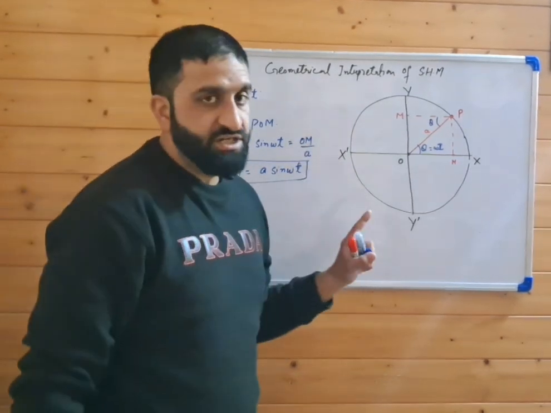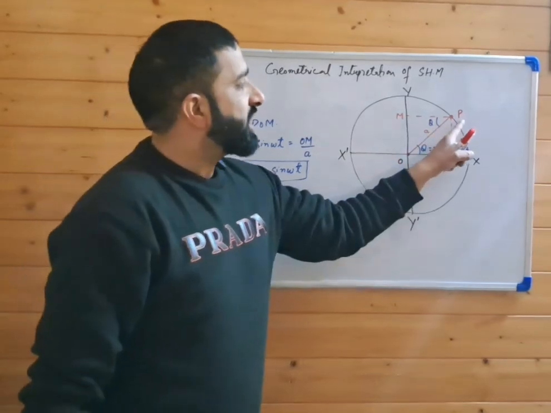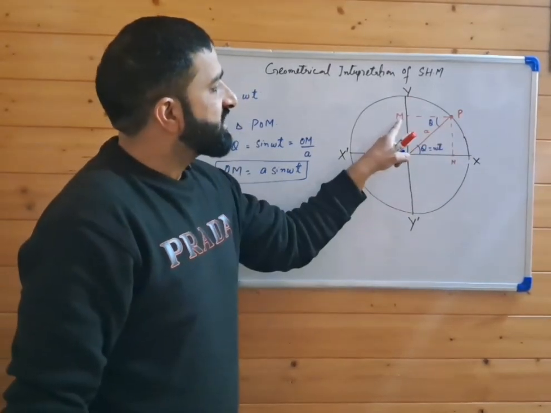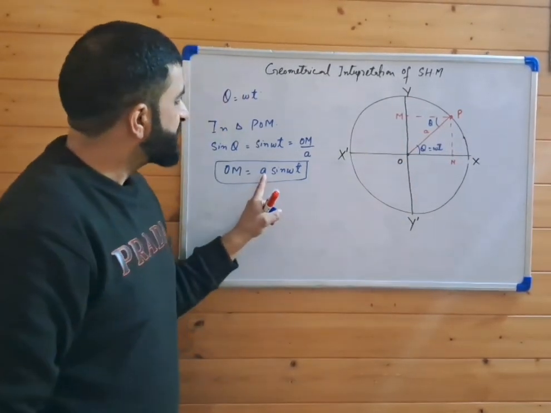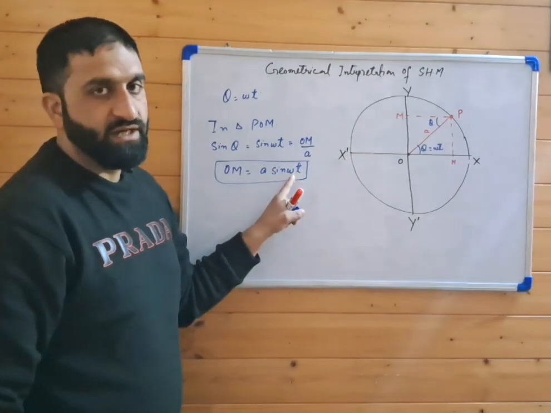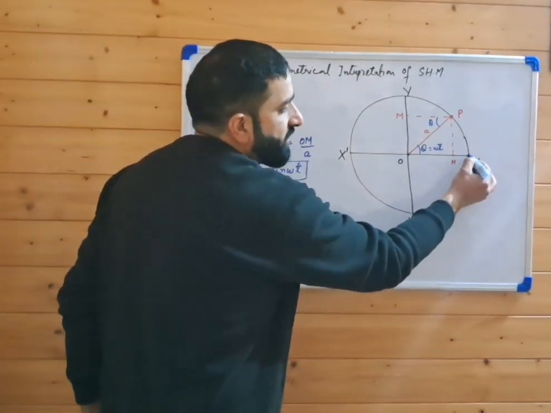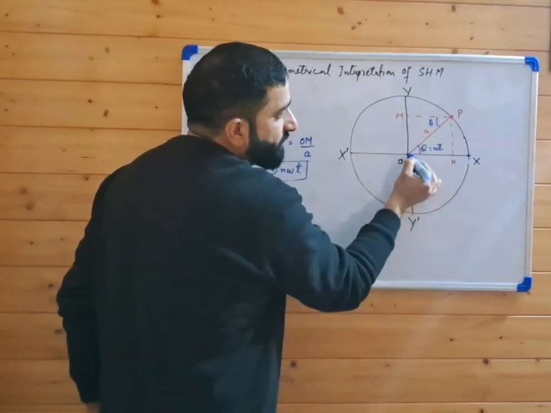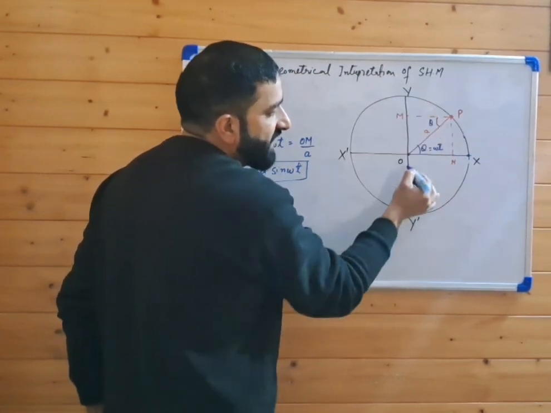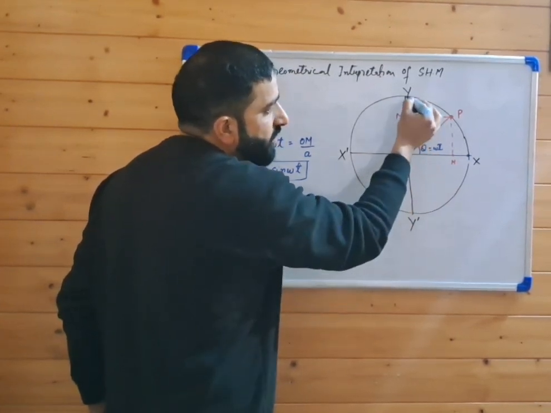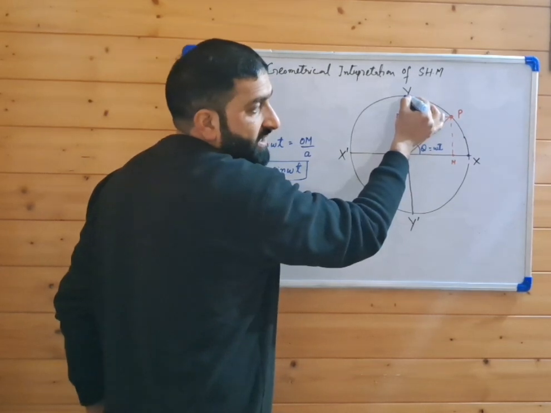So the projection of this particle on the diameter is OM, that OM is equal to A sine omega t. We will see that if the particle starts from here, the projection on this diameter goes from 0 to maximum.